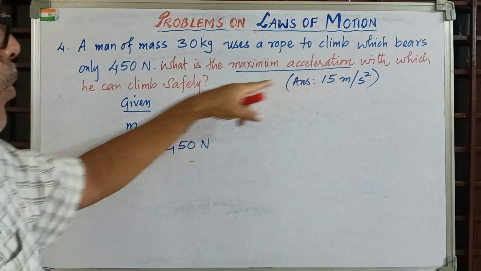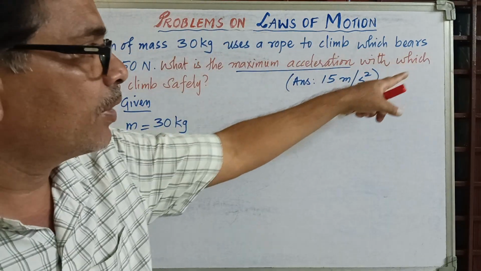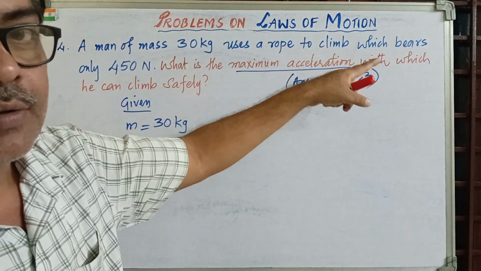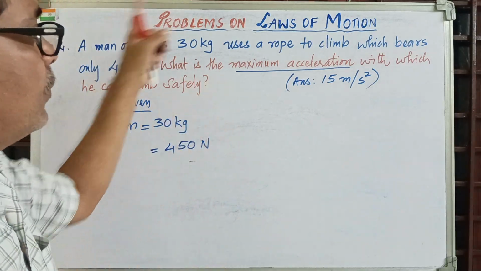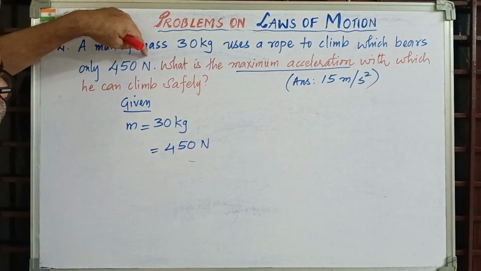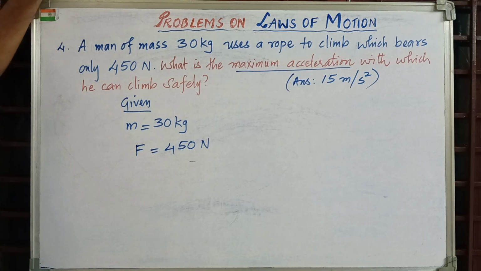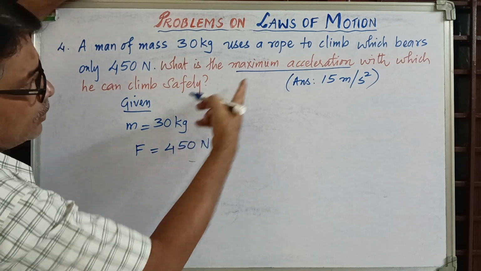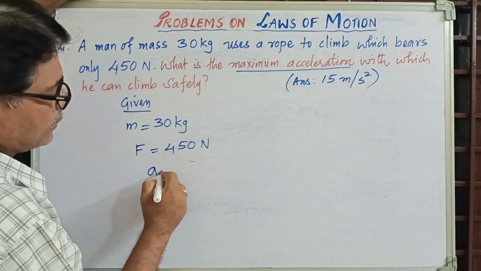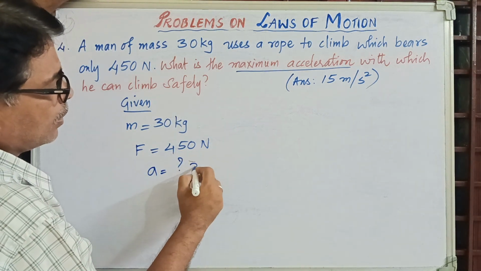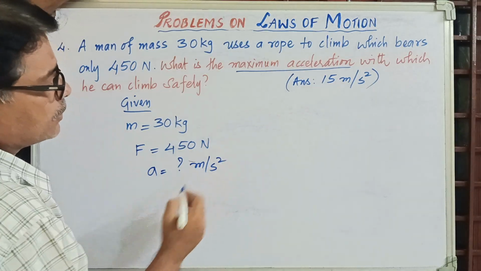You check the problem. Nowhere the word force is given. So very interesting physics. Nowhere force is given, but by looking at this Newton, you should understand that it is force. So what is left over now? He is asking to calculate maximum acceleration. a is equal to question mark, meter per second square is its unit.